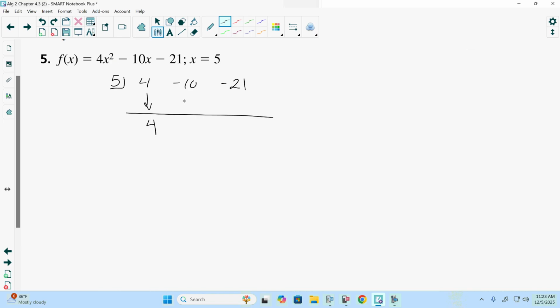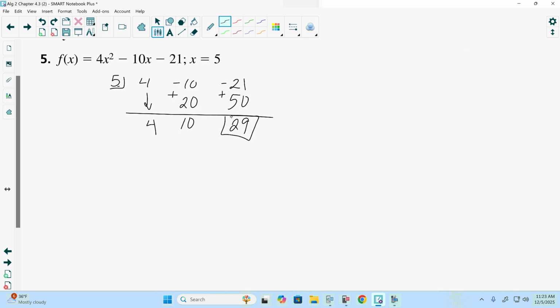5 times 4 is 20. Negative 10 plus 20 is 10. 5 times 10 is 50. Negative 21 plus 50 is 29.